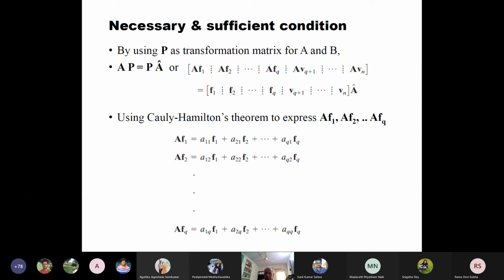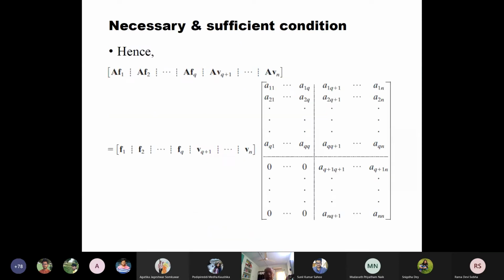Once I express these terms using the Cayley-Hamilton theorem, then I can write AF1, AF2, AFQ, AVQ plus 1, AVN as these equations: F1, F2, Fq, Vq plus 1, Vn into this term, with the coefficients A11 to A1Q, A21 to A2Q.